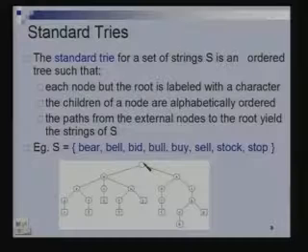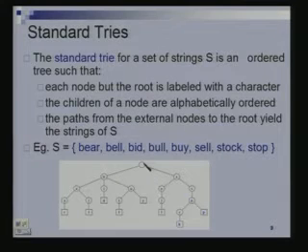So one way of organizing it is that each node has an array of size 26 sitting inside it. The first location of the array points to the node corresponding to A, the second to the node corresponding to B, the third to the node corresponding to C, and so on. If you organize it as an array, you waste space.